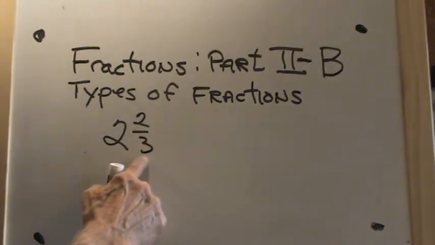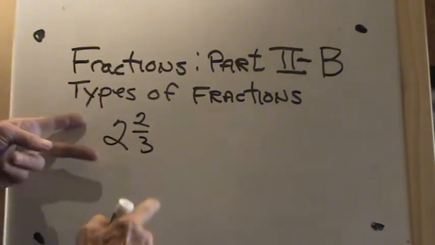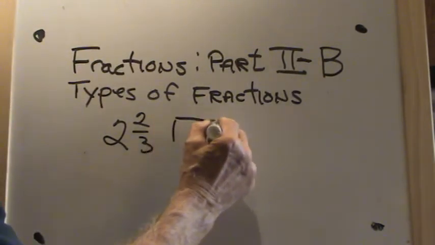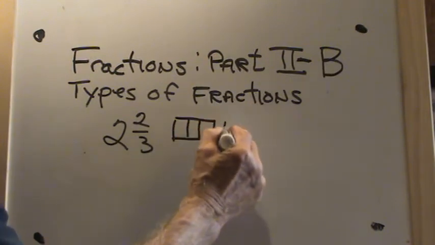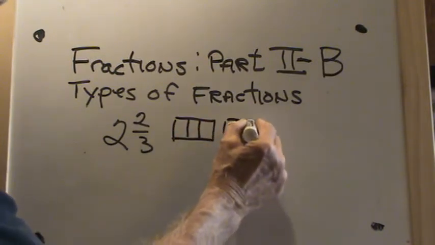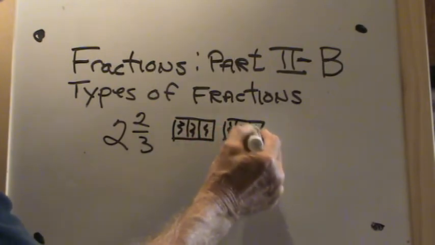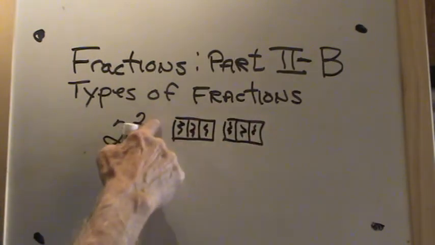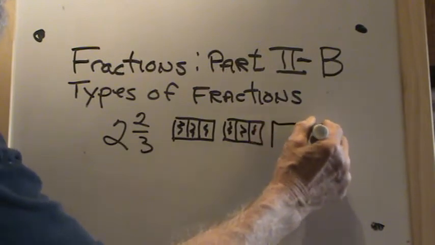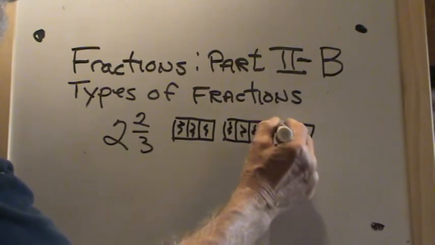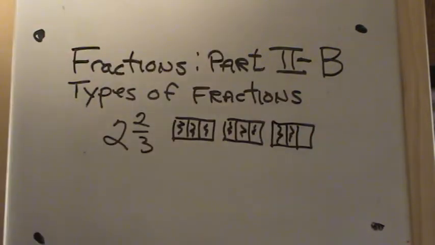Well, I know there are 3 pieces in one whole, but I need 2 wholes, so I'll have to draw 2 wholes. And I need all of those, so that's 2 wholes, and then I need 2/3 more. And that would be 2 and 2/3. Good.